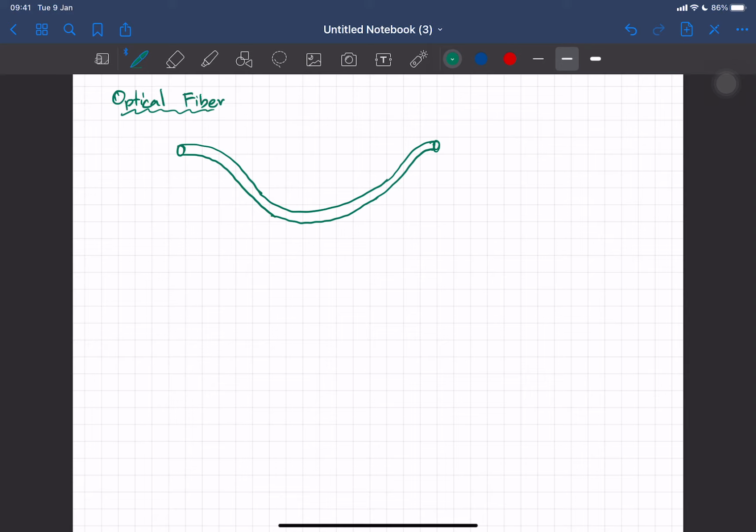So we have like a house here, maybe in Bangkok, Thailand, and then you can have somewhere, let's say in the U.S. So all the internet signal is routed through this optical fiber this way, and it's also going underwater.